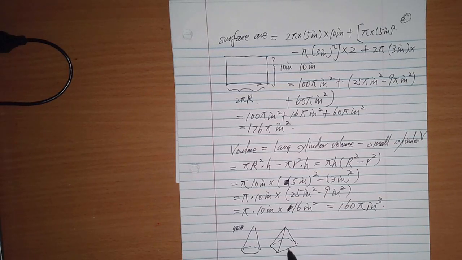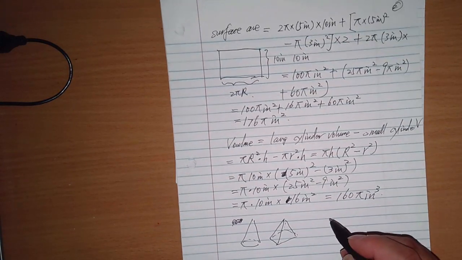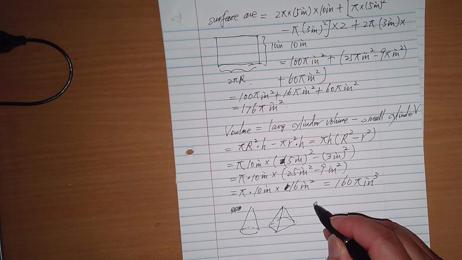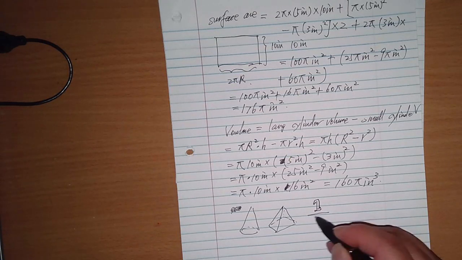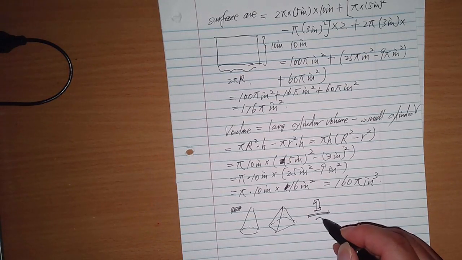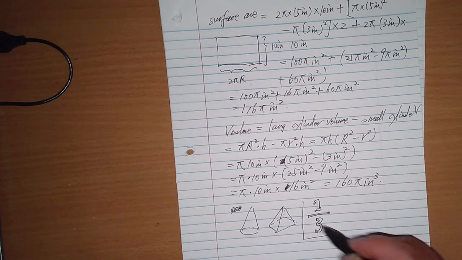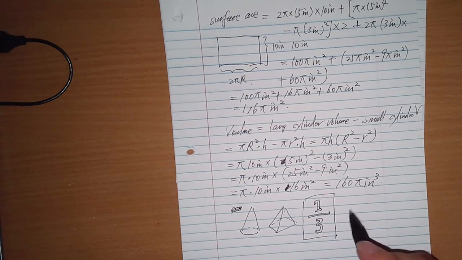Right. And then how do you calculate the surface area and the volume? Everything's in the textbook. It shouldn't be that hard. The only thing I want you to memorize is the magic factor, which is 1 over 3. Okay, so this magic factor is very important.